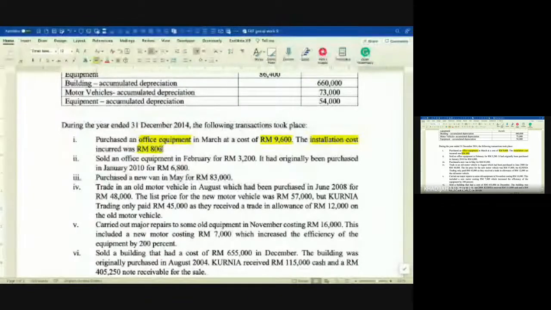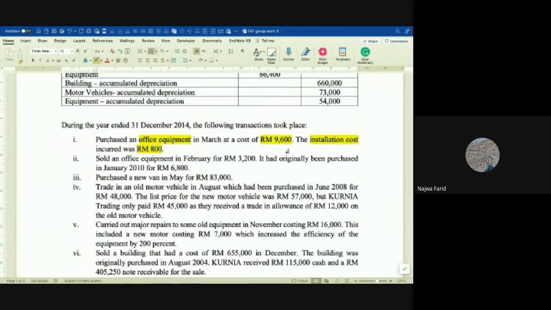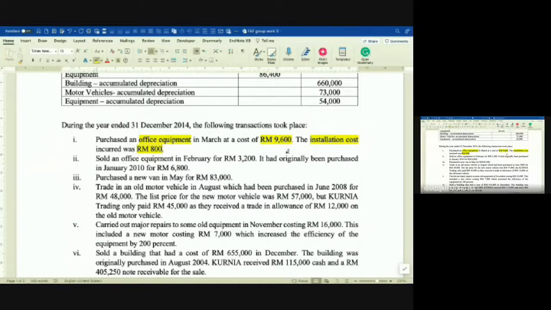What would be the cost of the equipment then? What is to be recorded? 10,400. So you add together. Whenever you see installation, that will be part of the cost.